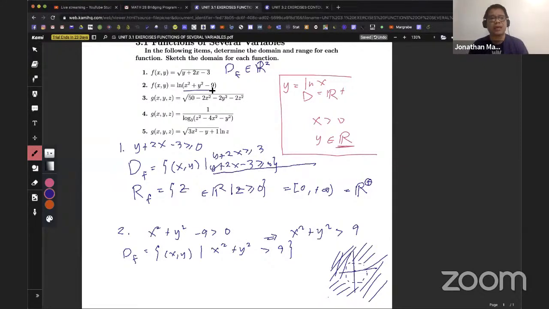If you substitute any number, provided it is in the domain of the function, the value of x squared plus y squared minus 9 could be any number that is greater than 0. If that could be any number greater than 0, then no doubt the range of the function should be the set of real numbers. The range of the function is the set of real numbers. Okay?